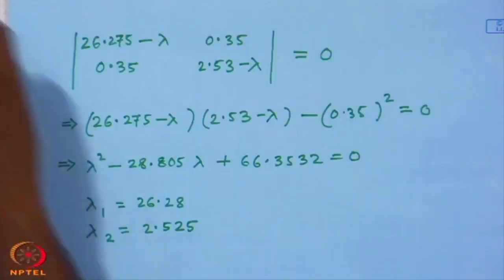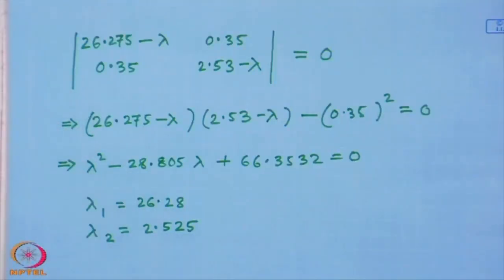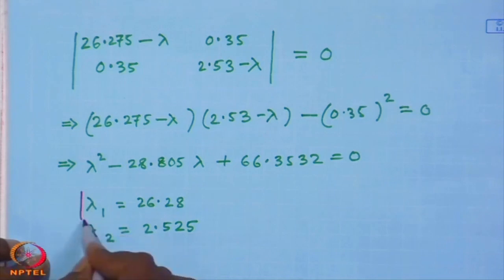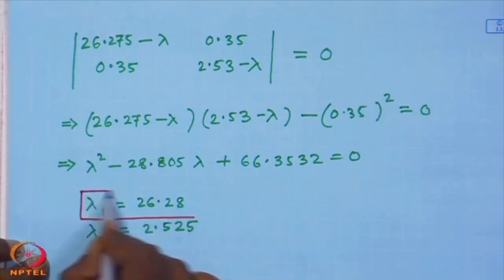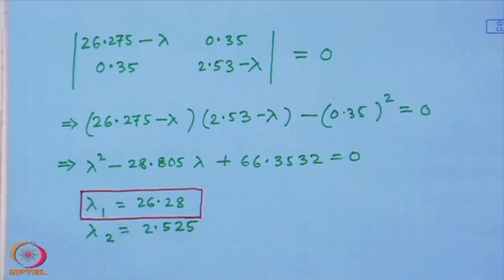Out of these two, I have to choose the maximum eigenvalue, which is lambda 1, 26.28.